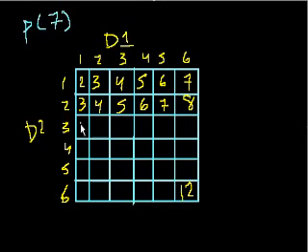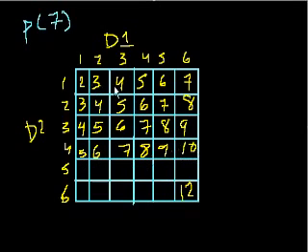The next row is 4, it just keeps going up: 5, 6, 7, 8, 9. Then 4 plus 1 is 5, 6, 7, 8, 9, 10, and I think you see a little interesting pattern here. The next row is 6, 7, 8, 9, 10, 11, and the last is 7, 8, 9, 10, 11, 12.